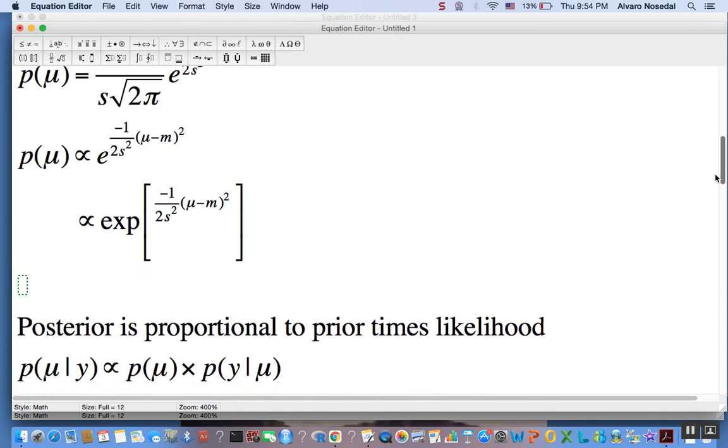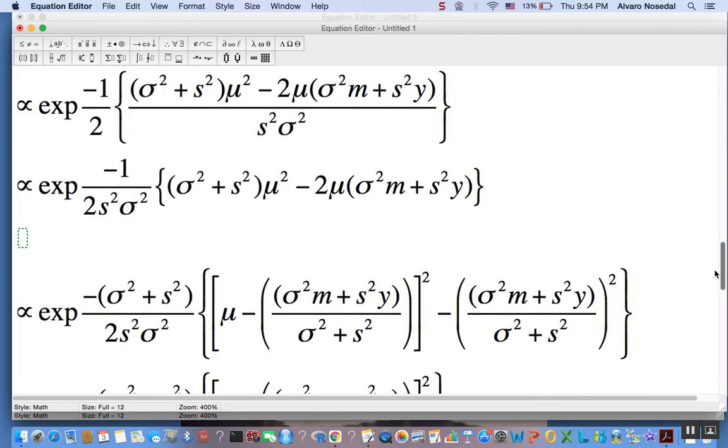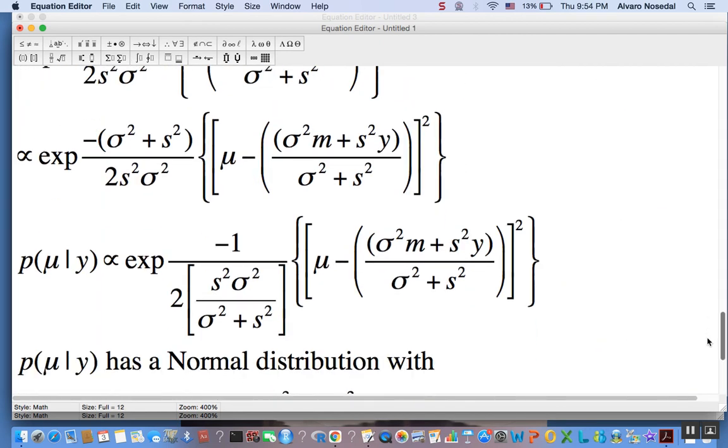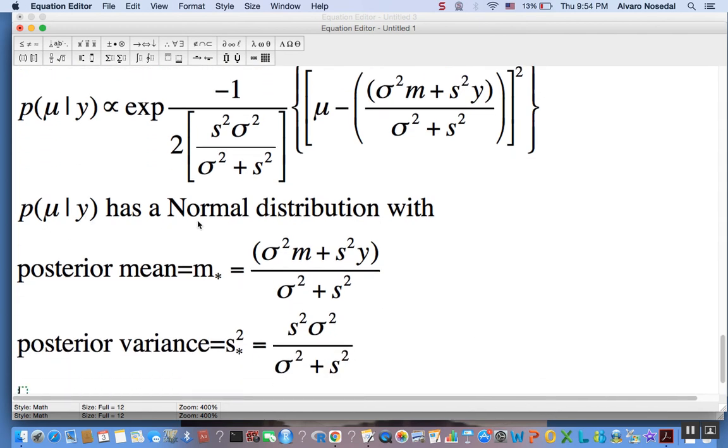After doing the math, we realized that the posterior distribution, the conditional probability of mu given y, has a normal distribution, and the new parameters are: mu star is given by sigma squared times m plus s squared times y, where m represents the prior mean and s represents the prior standard deviation.